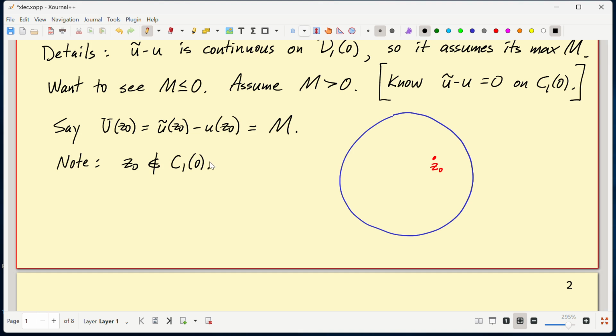So it's got to be inside somewhere. And now we know it satisfies the averaging property, and so all these little circles I could put in satisfy the averaging property. I can let those circles get bigger and bigger until they are internally tangent to the unit circle.